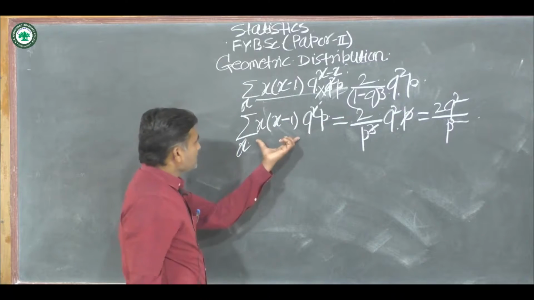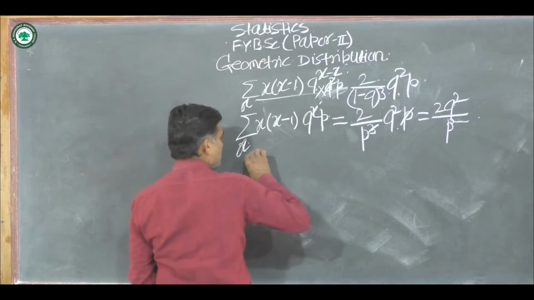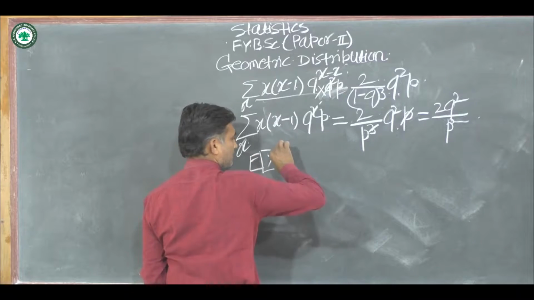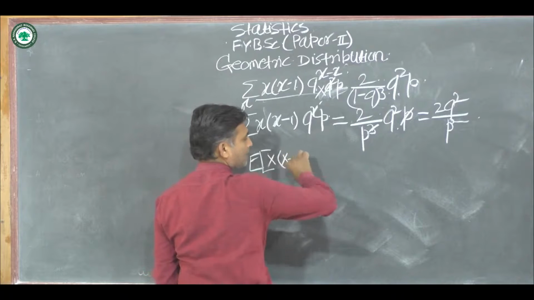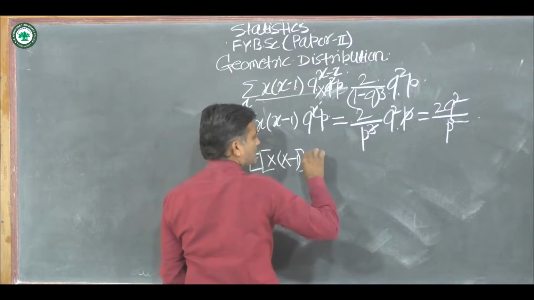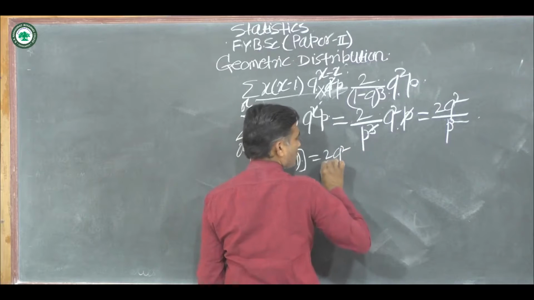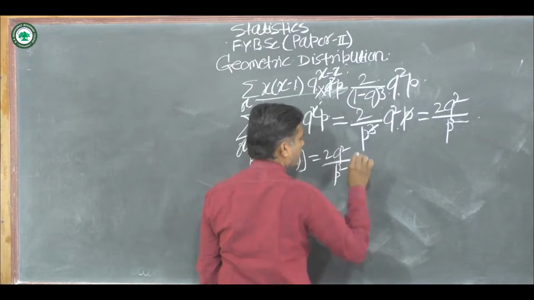And this is the expected value of x into (x minus 1), which is equal to 2 into q square upon p square.